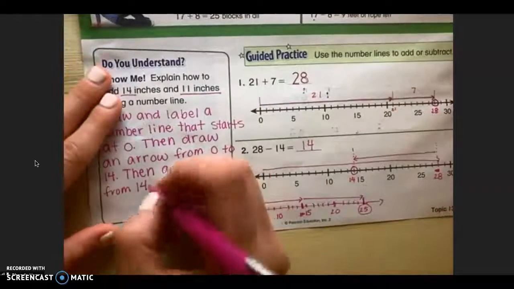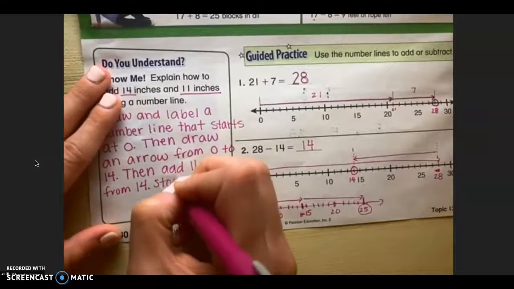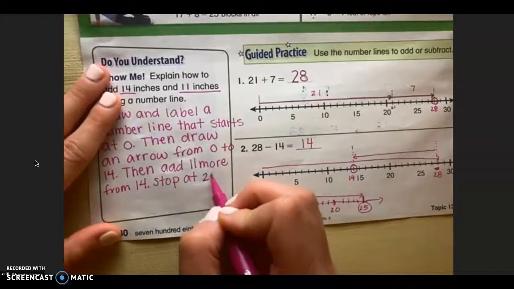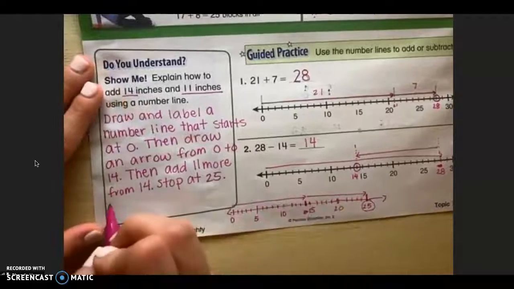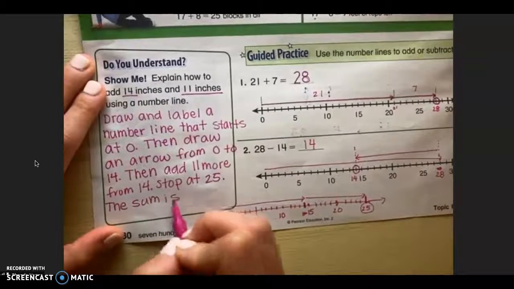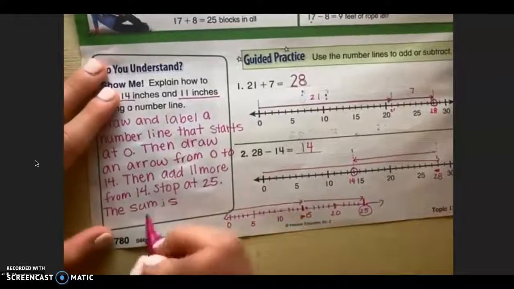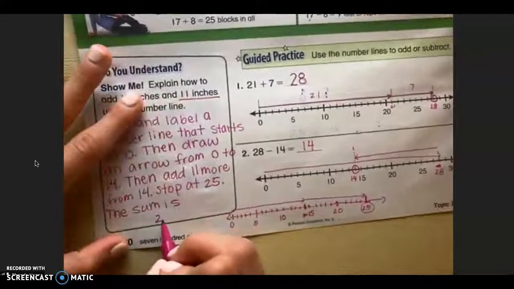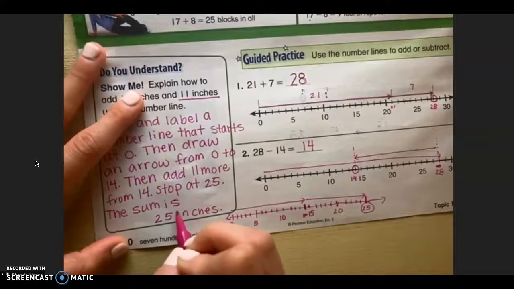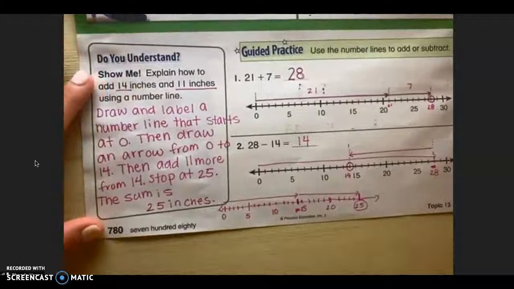So then I will make sure to stop at 25, I'm sorry, not 15. So the sum is 25 inches. All right?